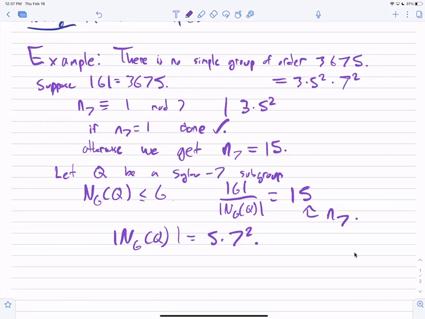Like if G acts on a set with 5 elements, and as long as it acts non-trivially, you're going to get a map from G to the symmetric group on 5 elements.